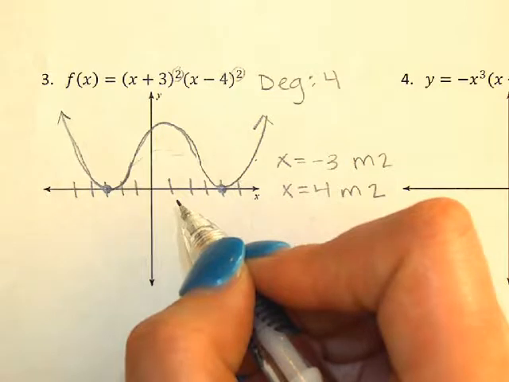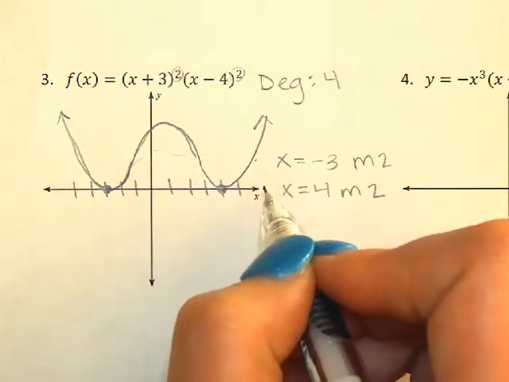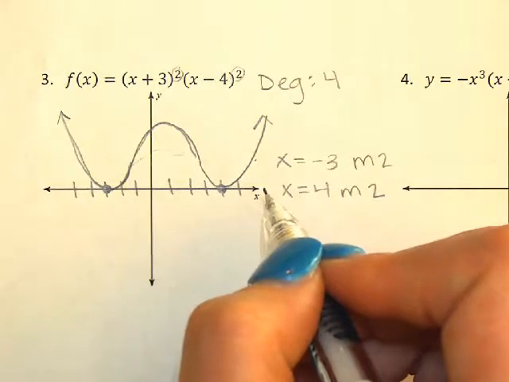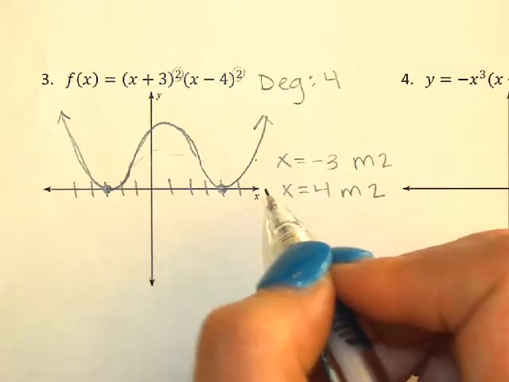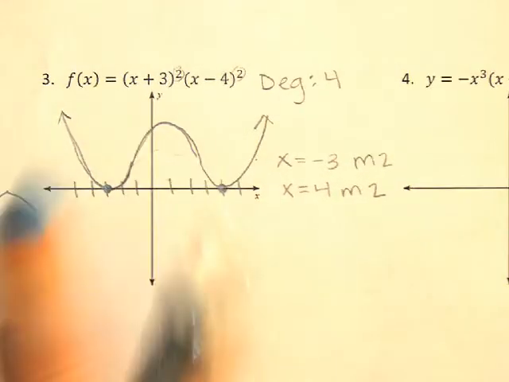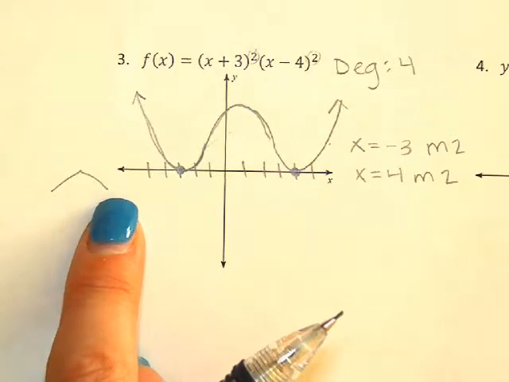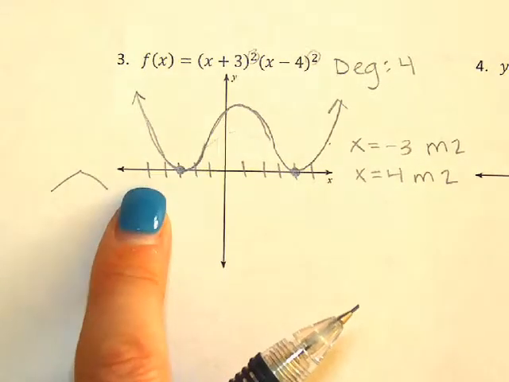Because curves don't work like that. These are always going to be curved lines. Think about when we graphed piecewise functions, the only time you can do something corner-ish like that is if you're switching from one piece to another piece. If you're doing a function on its own, it's going to be a smooth curve.